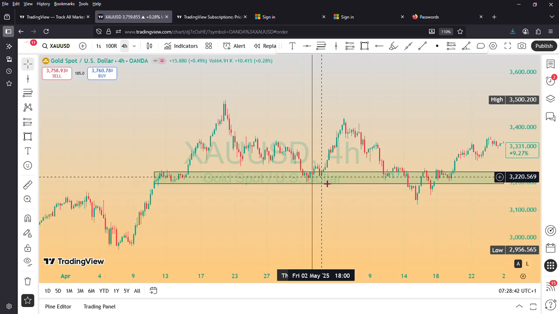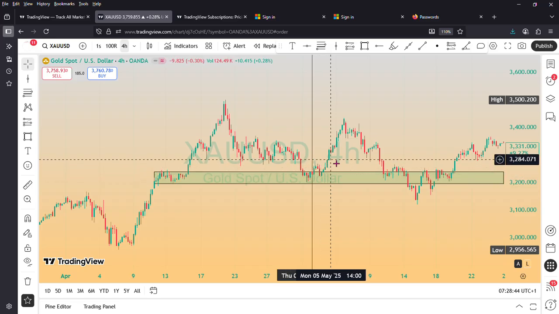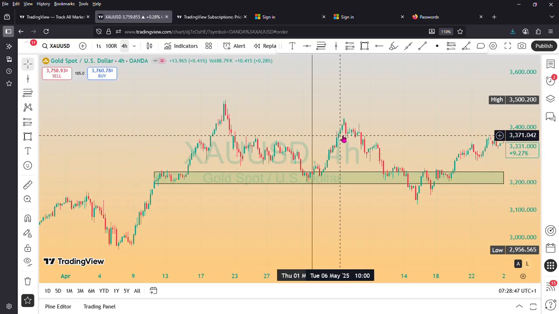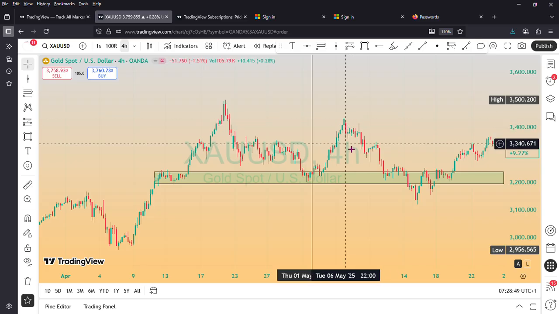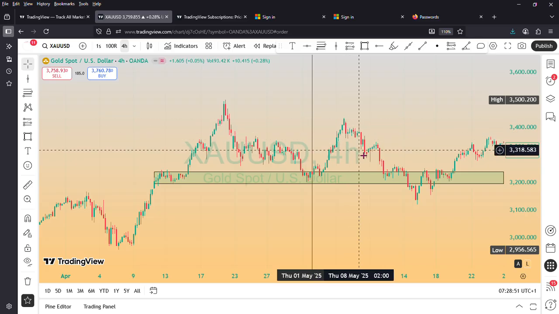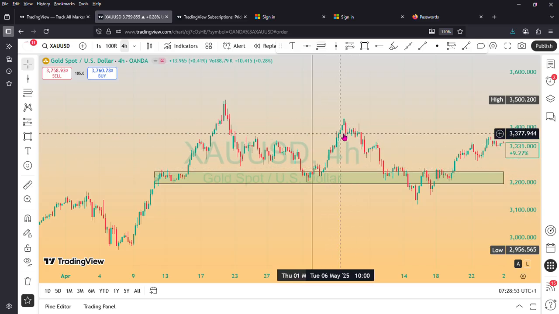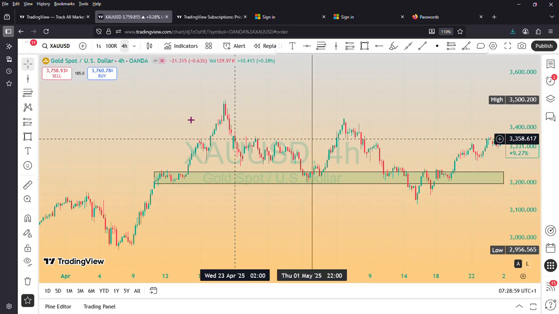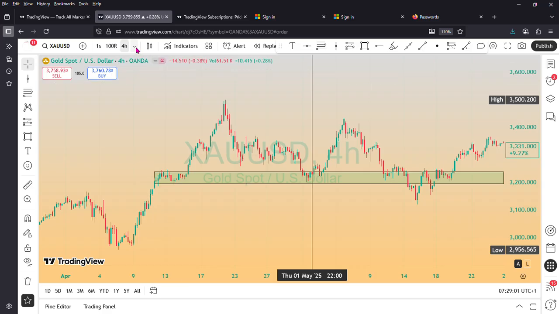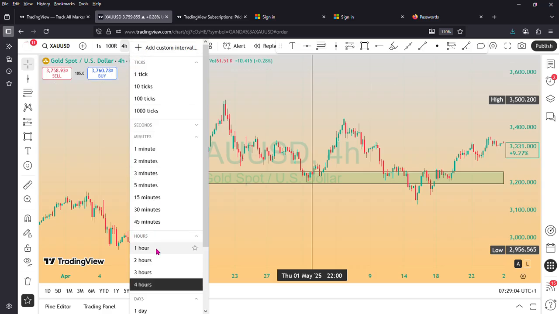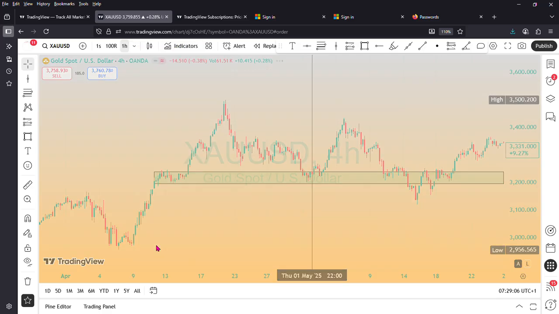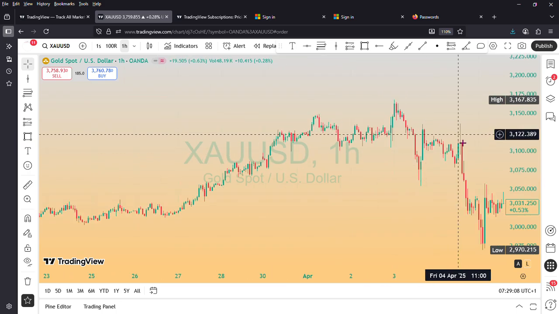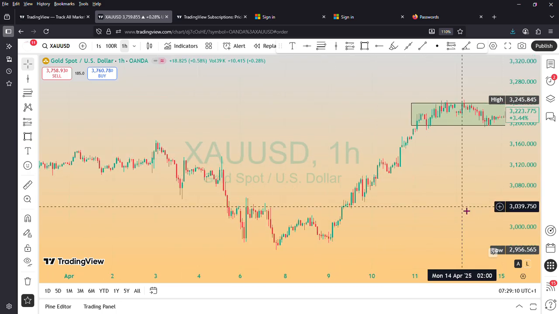Before the market started buying, this is the second day of that rejection. Understand? This is the massive buy. So within this area, this is where the doji stopped and closed. So now in 4 hours, in one day, in 1 hour, in that one day, now that we have the doji candle.